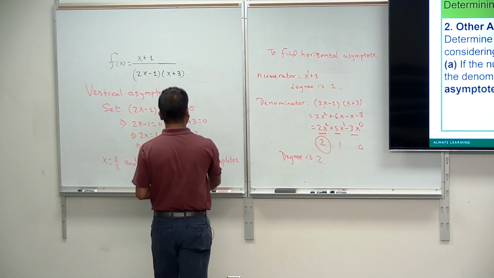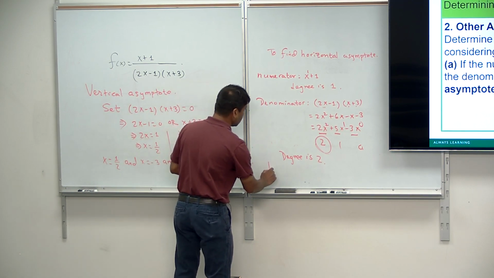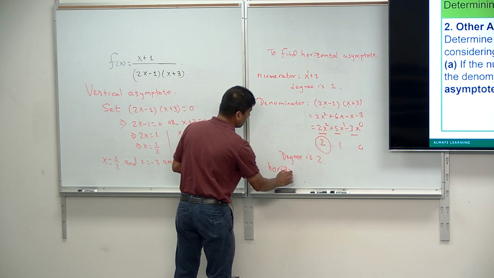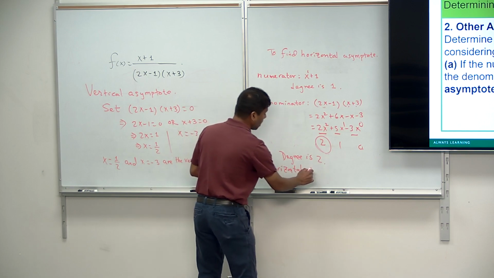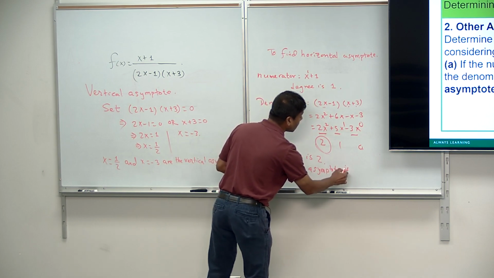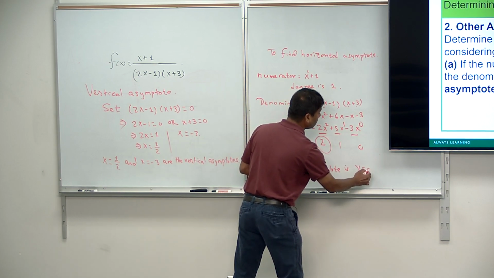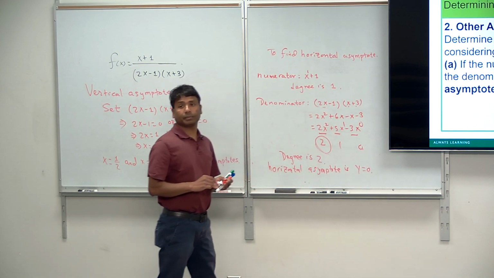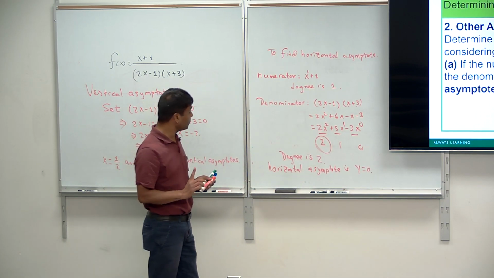So the horizontal asymptote is y equals 0. Does that make sense? Okay.